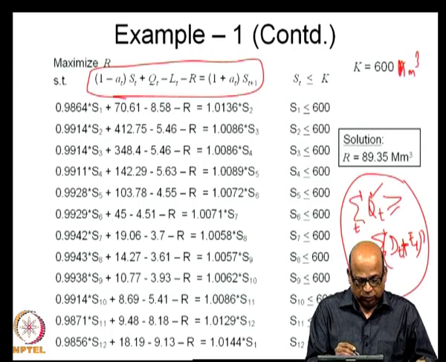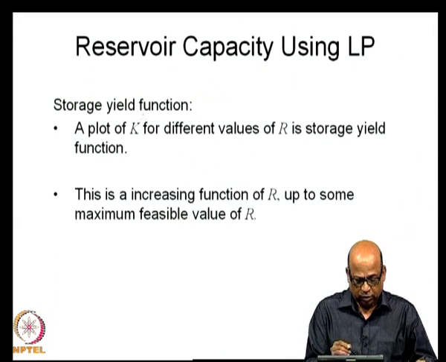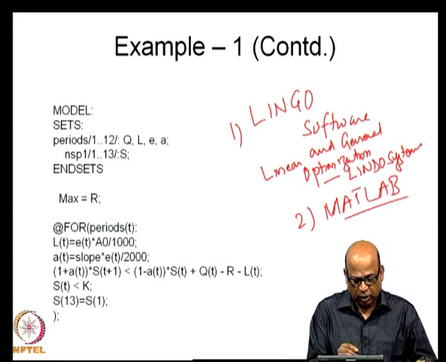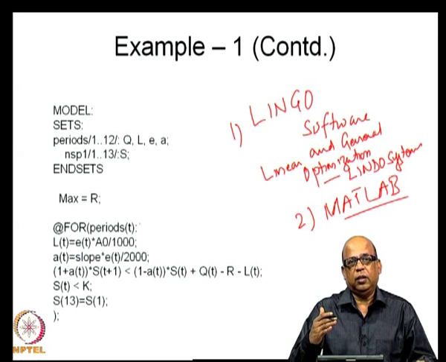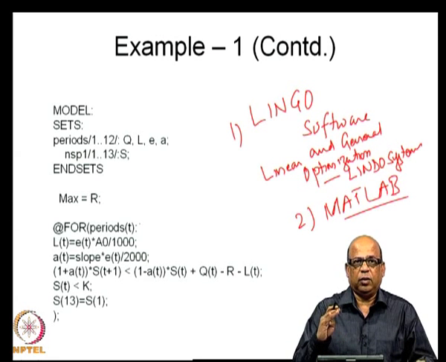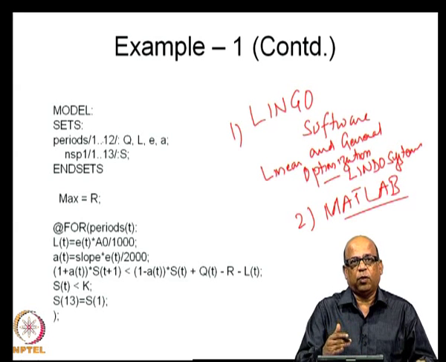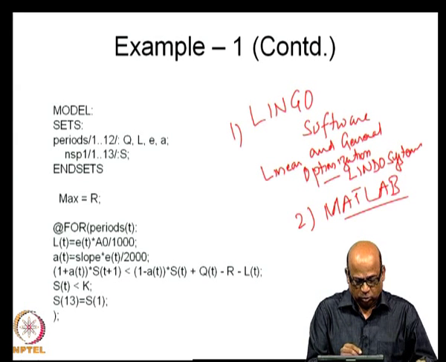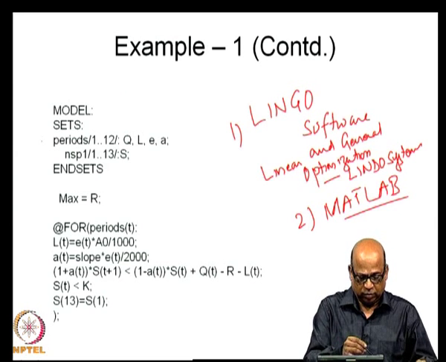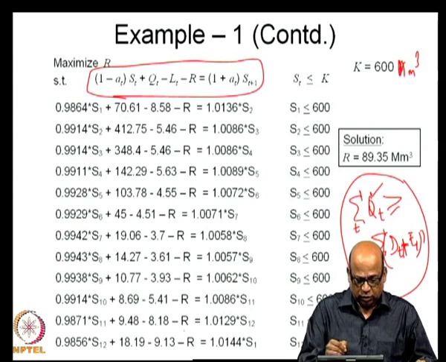See, all of these terms here can be just written as at for periods t. It is like a loop which you are defining for t, and periods t we have defined as going from 1 to 12, and then you write all of these constraints, and that is it. So, this completes the formulation here.